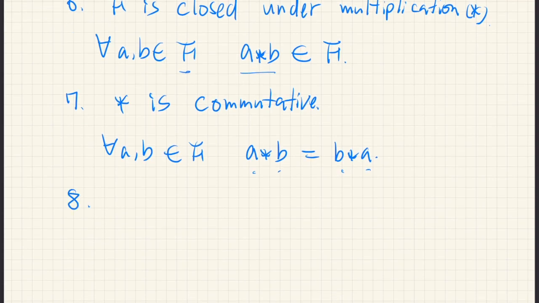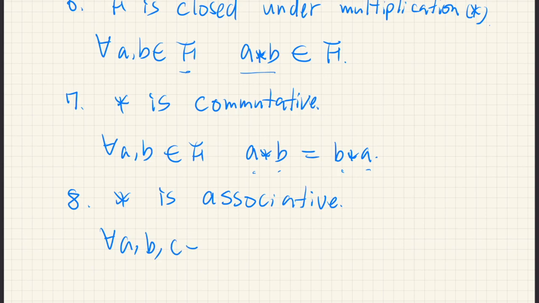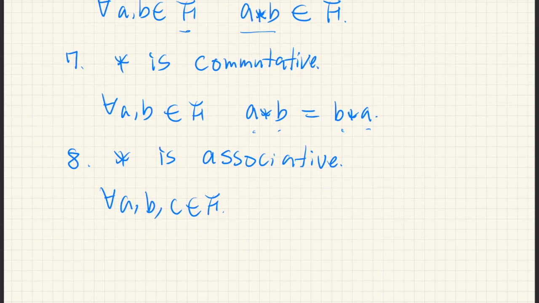And 8th, multiplication is associative. So that means for any elements A, B, C in F, we have A times (B times C).